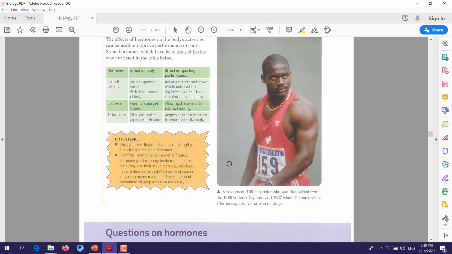So here it says this player, Ben Johnson, a 100-meter sprinter, was disqualified from the 1988 Summer Olympics and 1987 World Championships after testing positive for banned drugs. The use of these drugs is limited. It means not everyone can use them, and you cannot get them at any time.